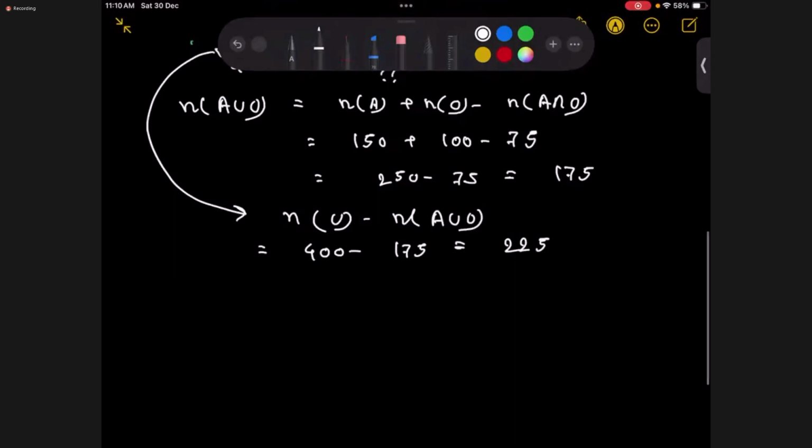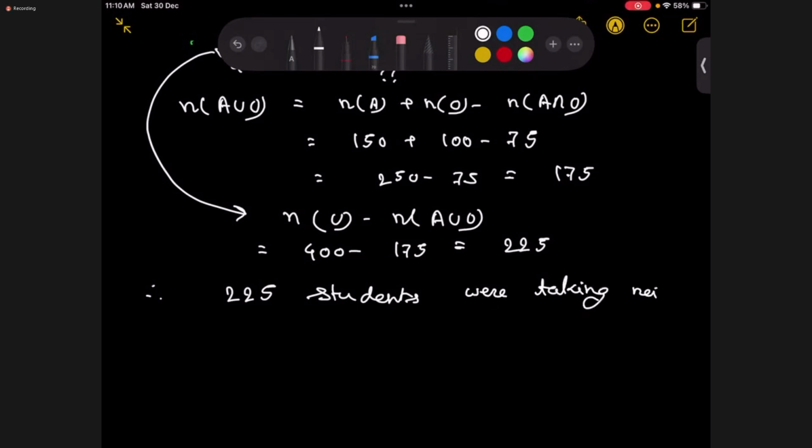So 225 students were taking neither apple nor orange.